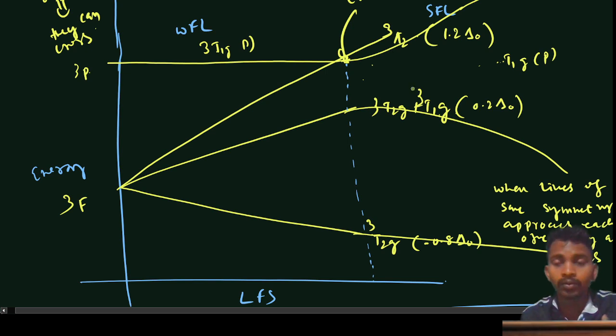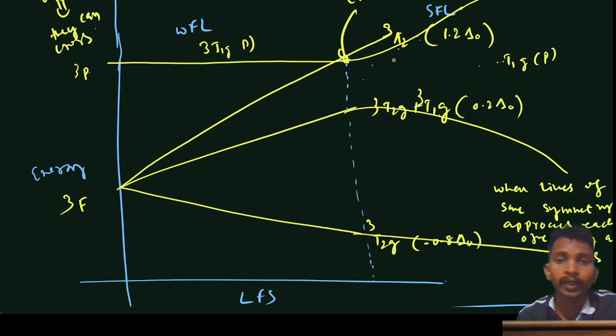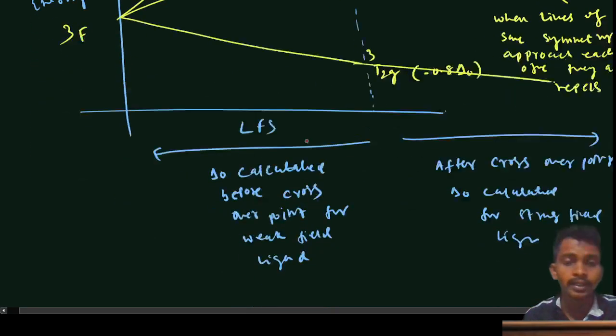Since they are coming to each other, they will repel. Okay, so this repulsion will happen. So after the crossover point, how do you calculate delta naught? Whenever the line is bent, it is not certain where it is, so we can't calculate delta naught if the line is bent. So we will look at which line is not bent. Okay, there only we will calculate delta naught.